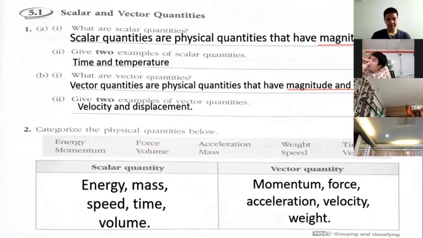Okay, so 2 minutes left. Those who are finished, please start answering number 3. If you have questions, you can ask me.